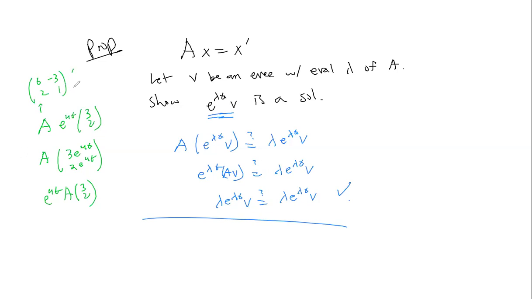You're multiplying it by (3 e to the 4t, 2 e to the 4t). The way it multiplies, e to the 4t is going to be multiplied by everything here. So you can compare this to the bottom. Since it's being multiplied by both of these, you can bring it out everywhere. For the same reason that if I had A times 5 times (3, 2), this would equal 5 times A times (3, 2). The 5 can also be brought out.